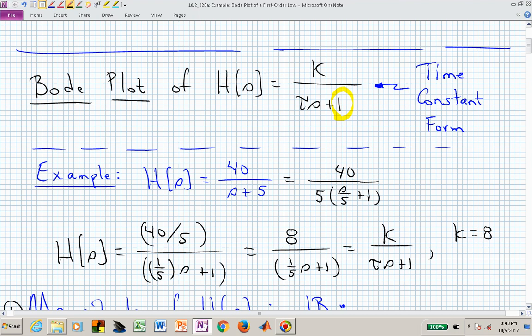That's our DC gain. If we set s equal to 0, our DC gain now is 8. The DC gain is also 8 if we found the value for s equal to 0 in the original. So we haven't changed the DC gain by transforming it from a pole-zero form into a time constant form.